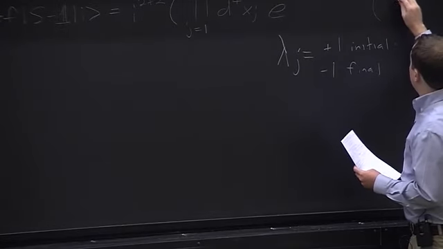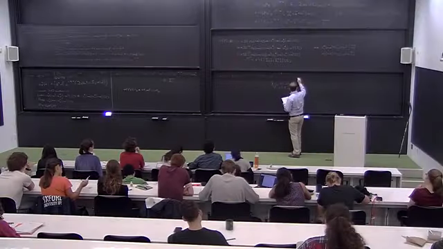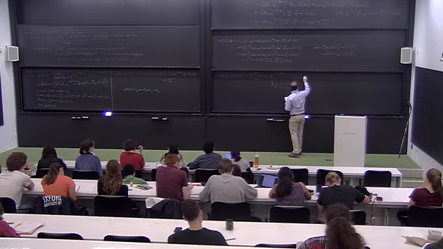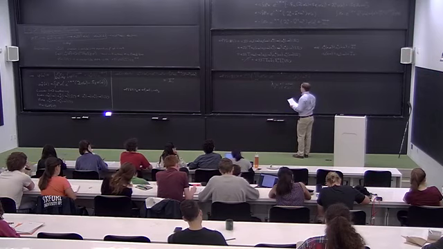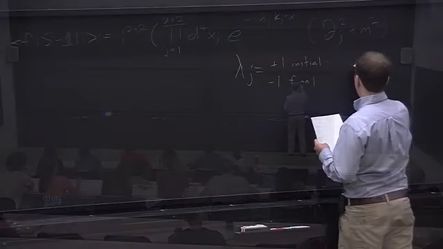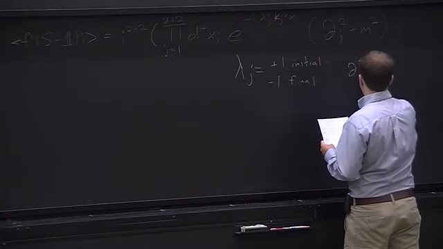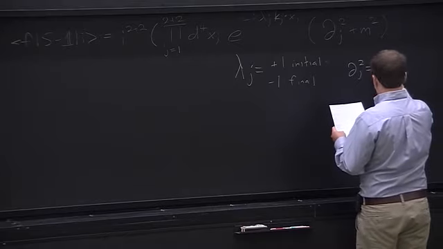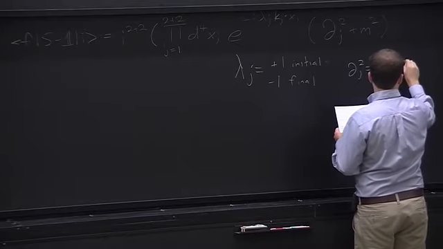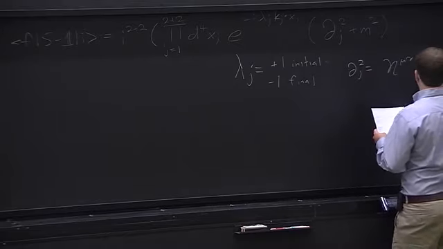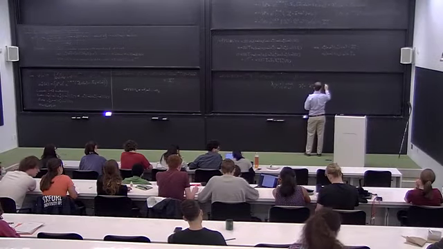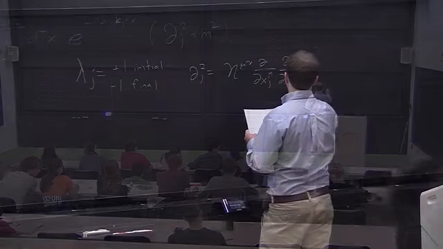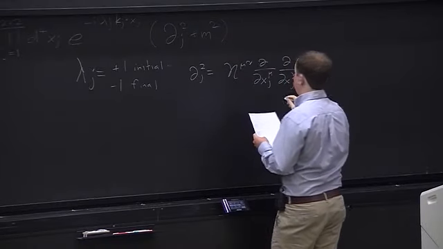We then have a Klein-Gordon operator for each of the fields. So here by del j squared, I mean eta mu nu d over dx mu j d over dx nu j.